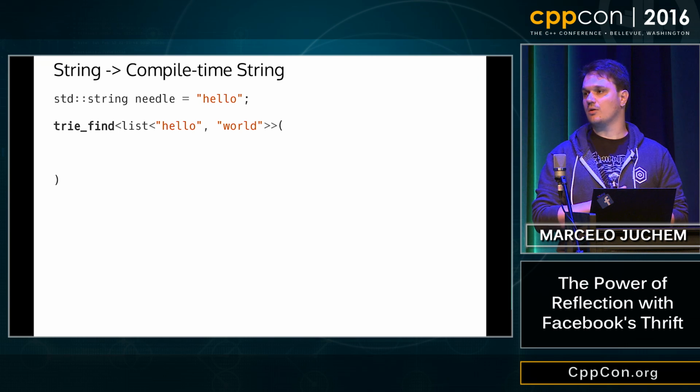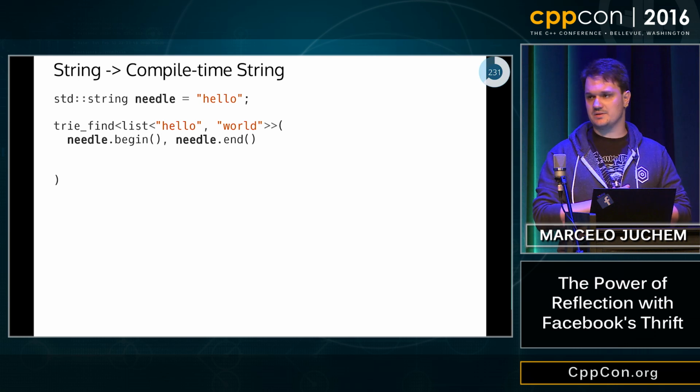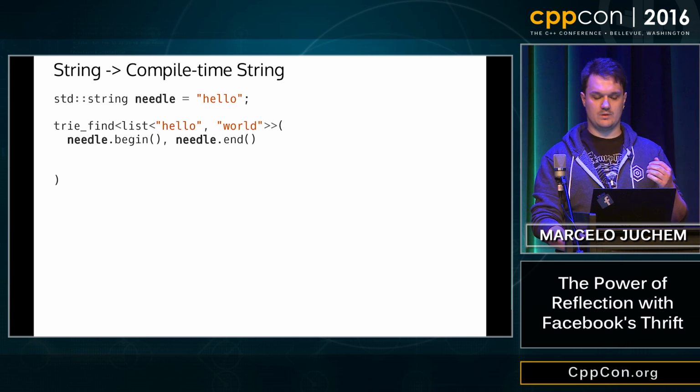So basically call try find, and what it does, like I mentioned before, it creates a trie data structure based on those strings at compile time, and it basically looks the needle up. This should be pretty efficient. I have some benchmarks showing that it is much faster than, say, looking up in a map or nested ifs or whatever, or even building a runtime trie and looking it up.